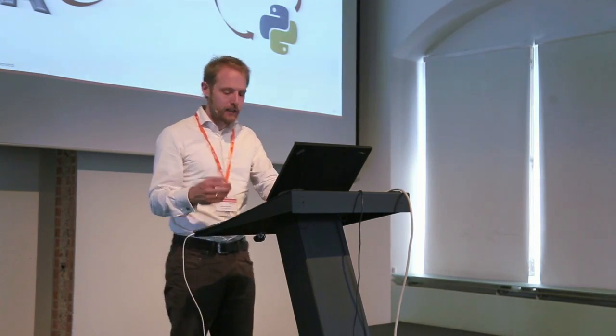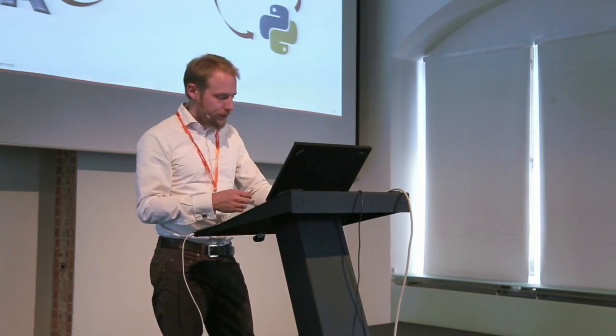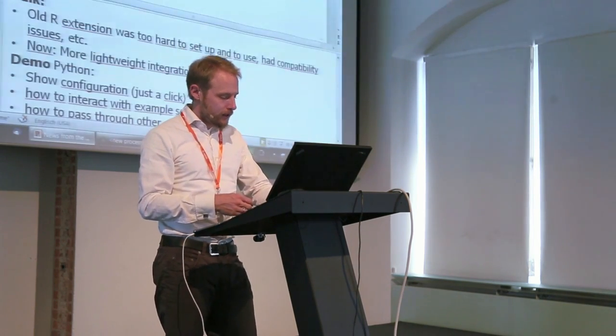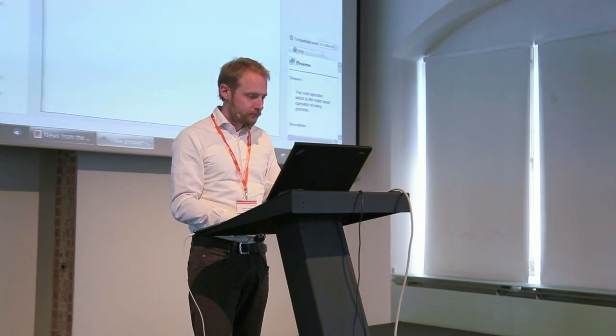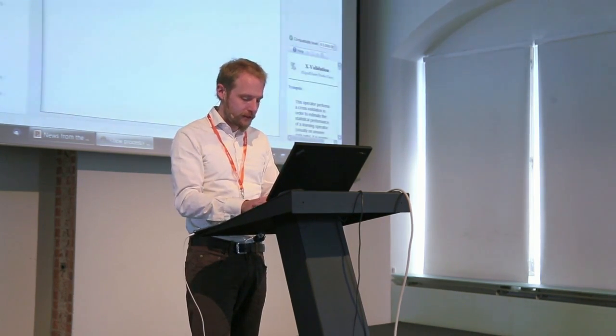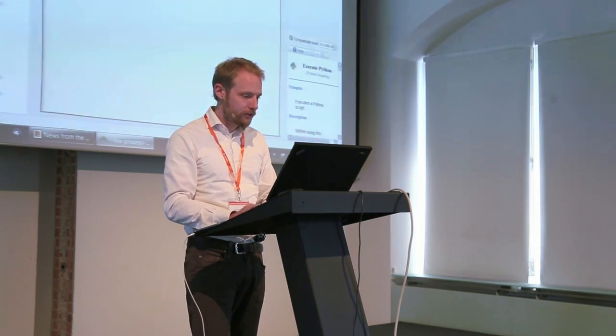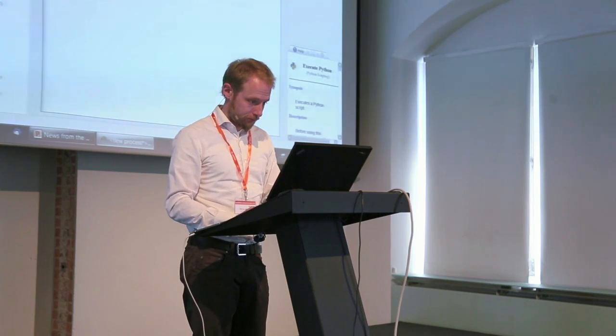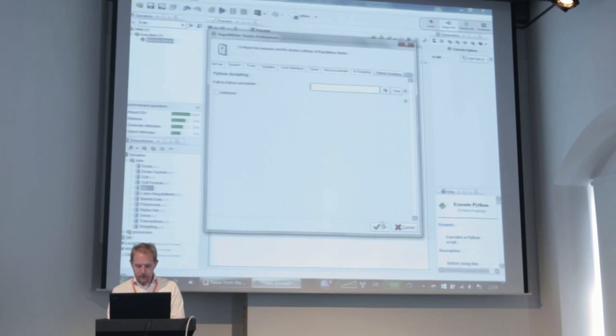You can use everything in your R and Python installation from within RapidMiner, and installing it is really pretty simple. In fact, most of the time it's auto-detected. If you use the execute Python operator and want to see the configuration, you can go to the preferences, and basically all you have to do is specify the path to this executable.